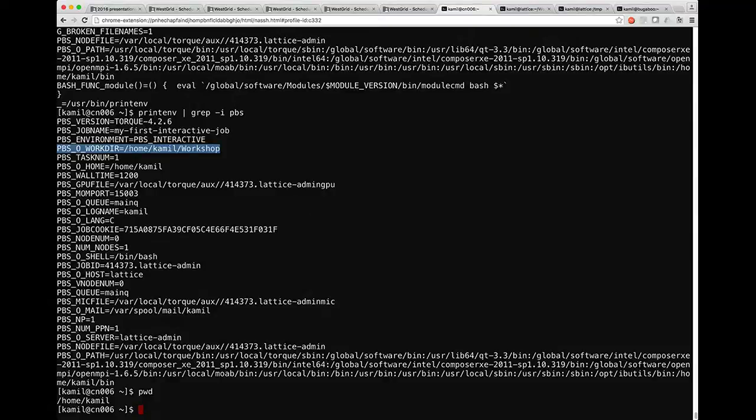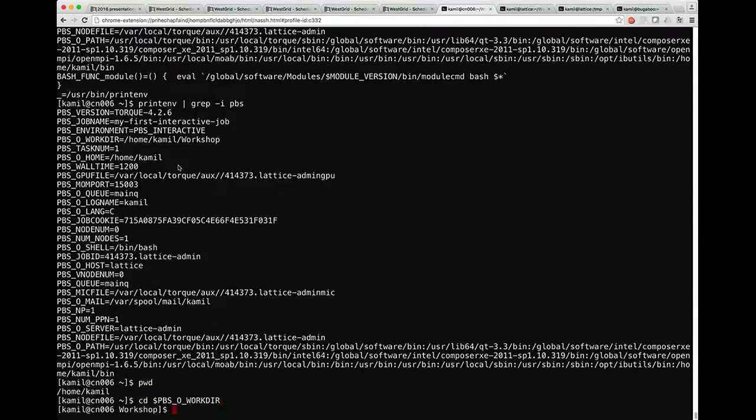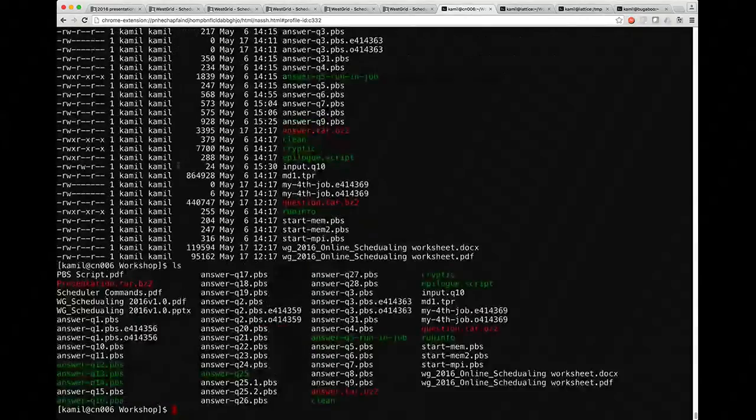So what you're usually told is to cd $PBS_O_WORKDIR as the first command inside your job. This is the reason. We probably want to be inside the same directory that we submitted the job from. So we can do that just like the first line of most jobs says you're supposed to do. Okay, we're here.